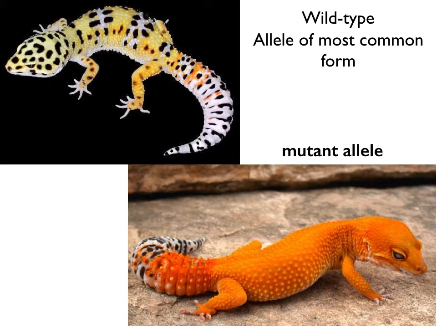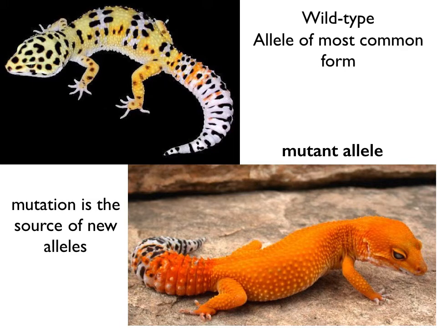You can choose one that has the wild type phenotype, or you can purchase a leopard gecko that has this bright orange coloration that is due to the presence of mutant versions of the gene, so alleles that are the result of mutation. Every allele that exists is the result of a mutation to an existing gene copy within the population. So all of the variation that exists within species is the result of mutation.